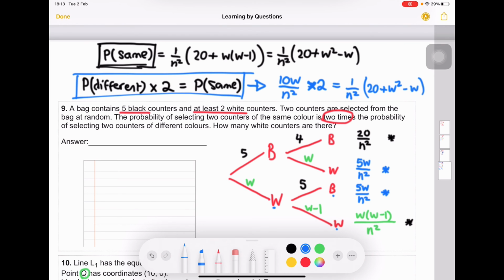I'm running out of space, so I'll continue in the box here underneath where the answer line is. So we have 20w over n squared equals w squared take away w plus 20.